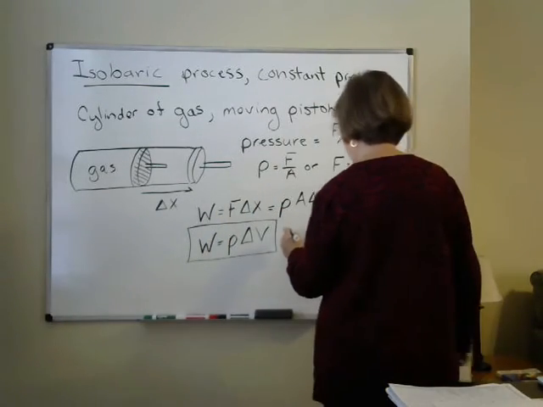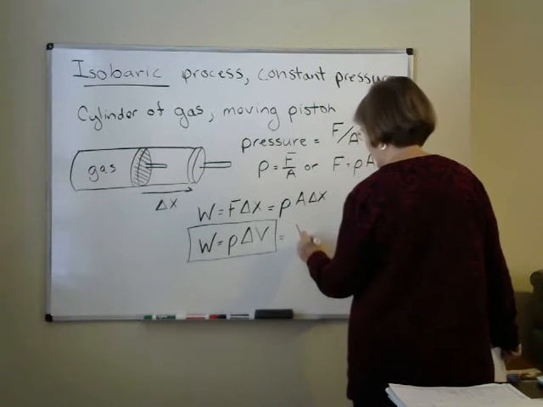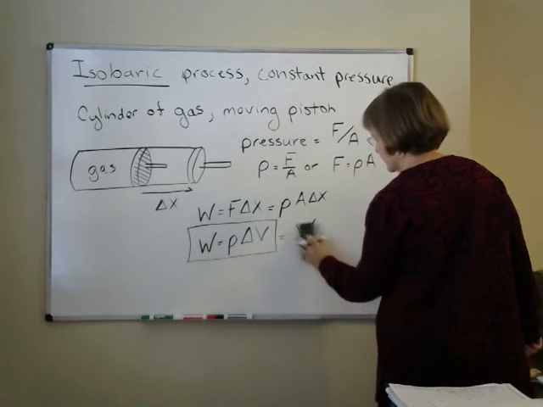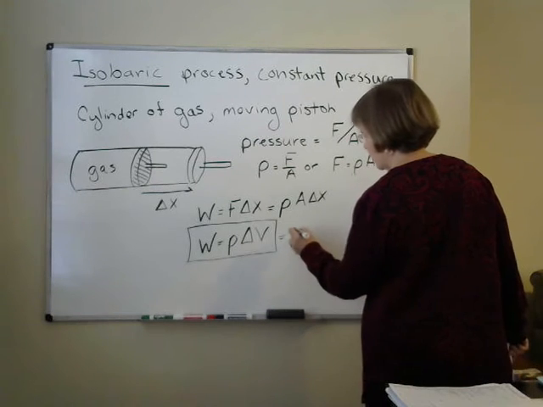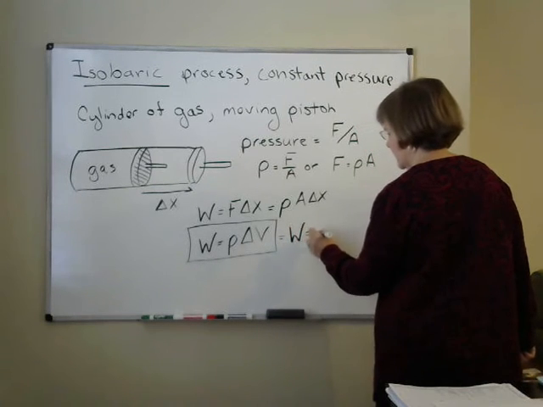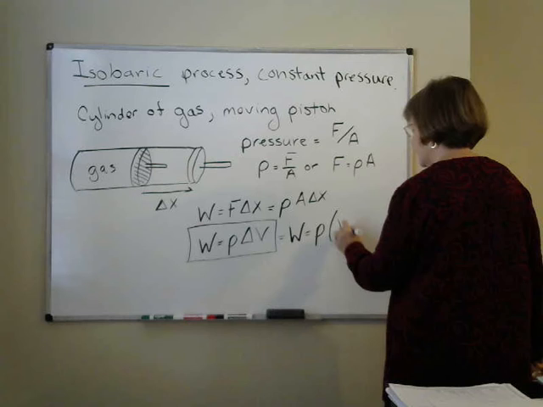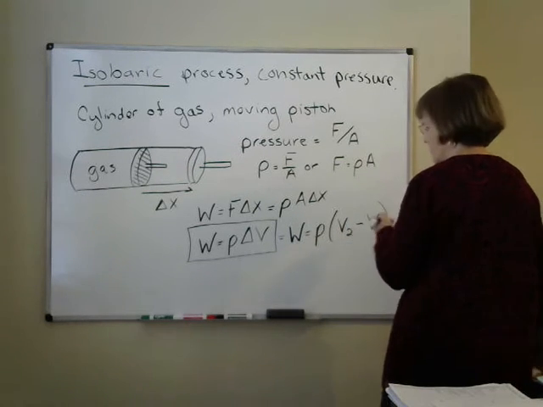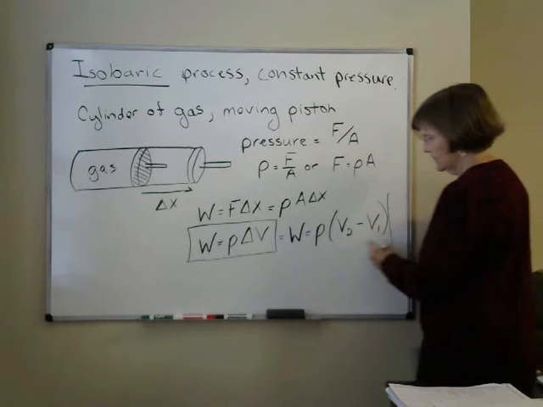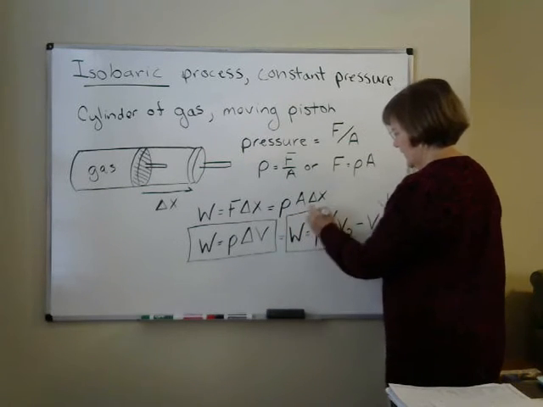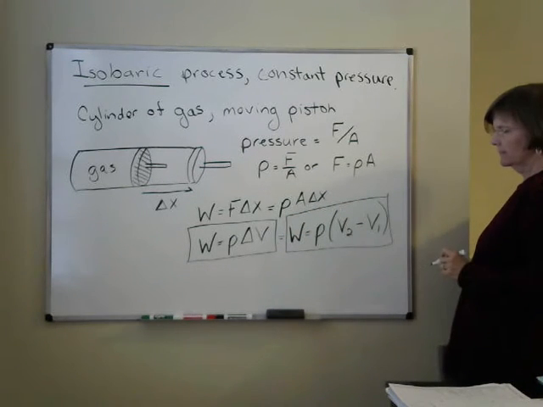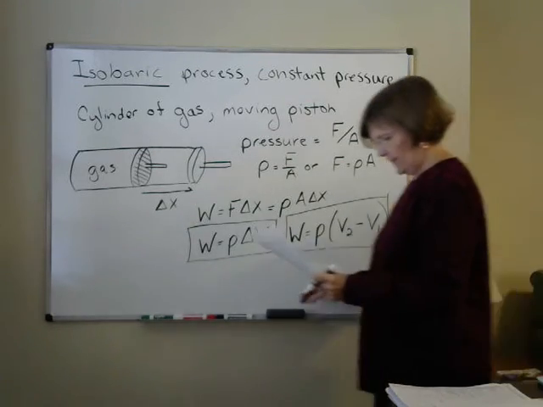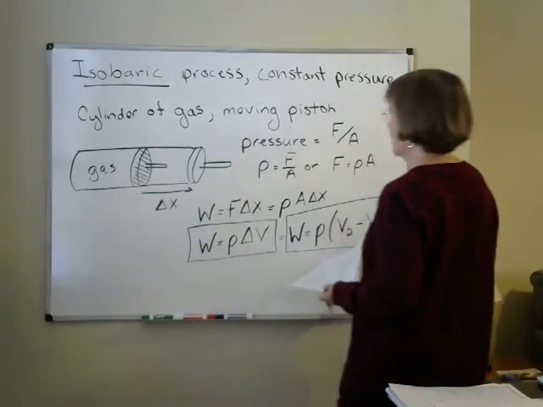It can also be written as work equals the pressure times V2 minus V1. There's really no difference, just another way of thinking about it. All right, so far we're good.